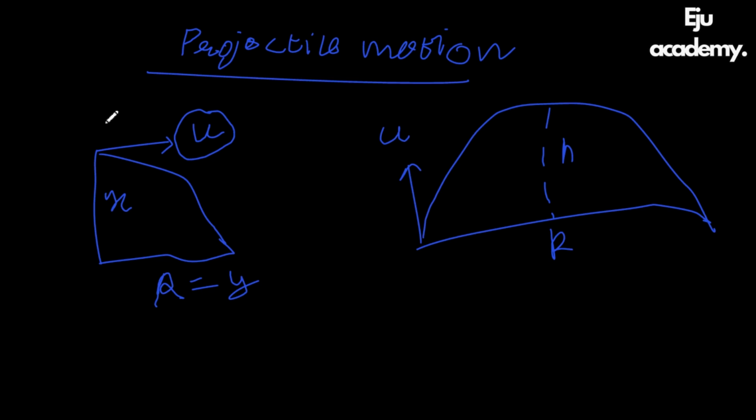There are various examples: a javelin thrown by an athlete, an object dropped from an airplane, a bullet fired from a rifle, a jet of water coming out of the side of the hull of a vessel, a stone thrown horizontally from the top of a building. These are all examples of projectile motion.